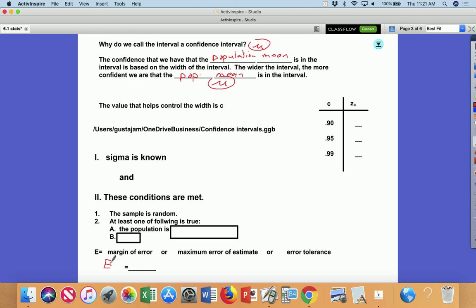It is Z sub C times sigma divided by the square root of n. We're going to try to understand that here.